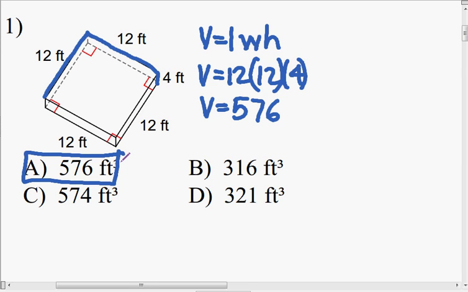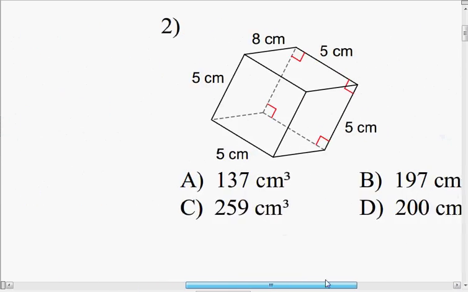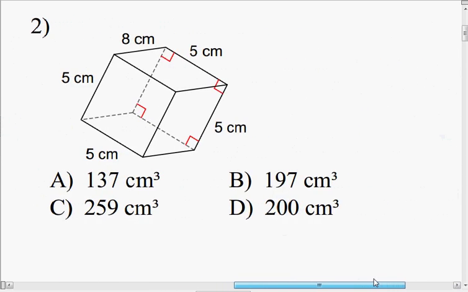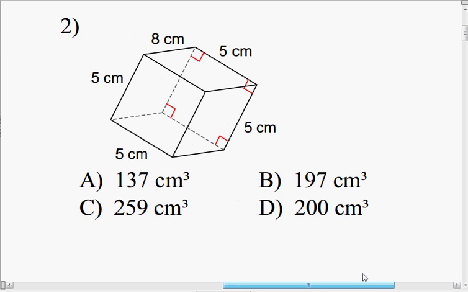Take 2 minutes and do problem number 2. Find the length, width, and height. Problem number 2.